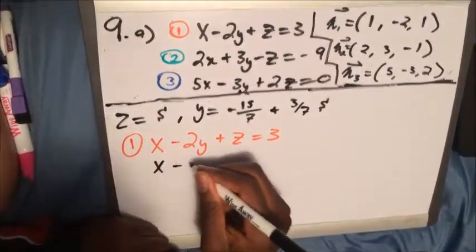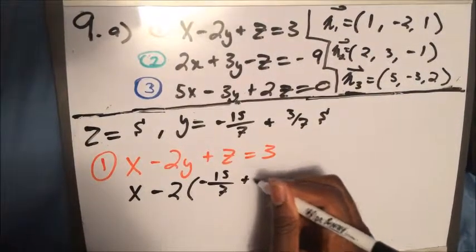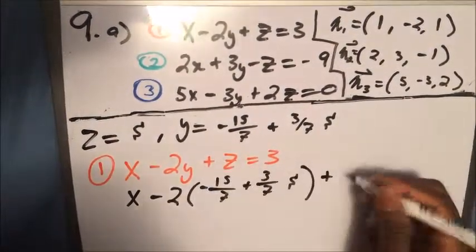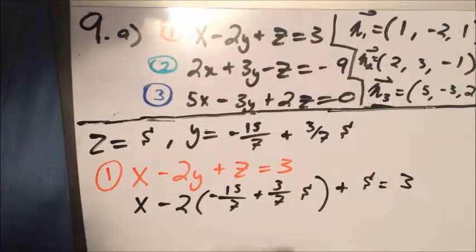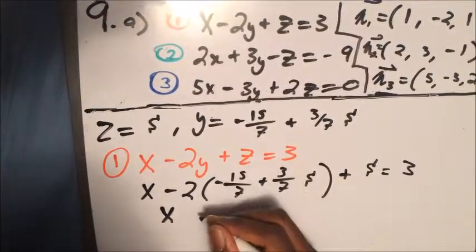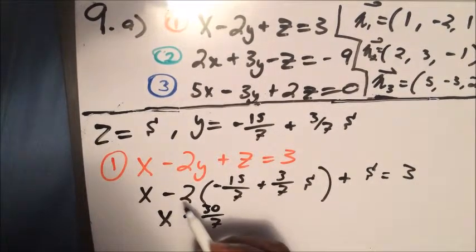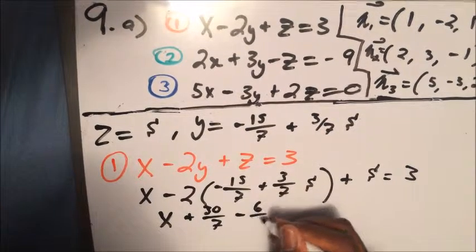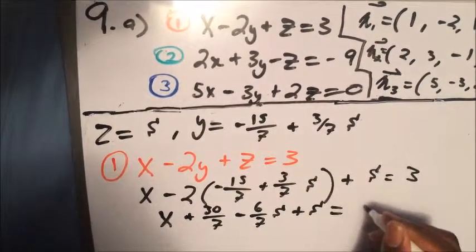So x take away 2 times negative 15 over 7 plus 3 over 7s, plus z, which is just s, equals 3. Okay, this is going to be a long process, but it's okay. So now we have x, negative 2 times negative 15 is 30. So plus 30 over 7, and then negative 2 times 3 is negative 6. Take away 6 over 7s plus s equals 3.